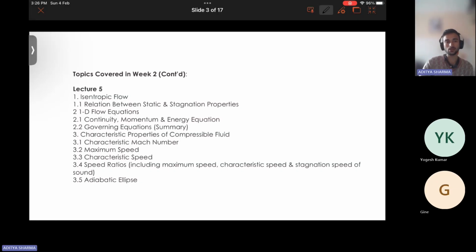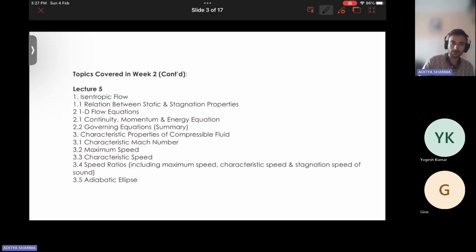Here we are mainly interested in 1D compressible flows. Then a brief summary was given about these governing equations. This was it for the second topic.